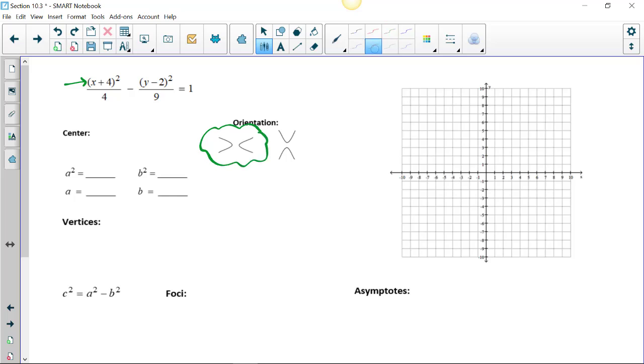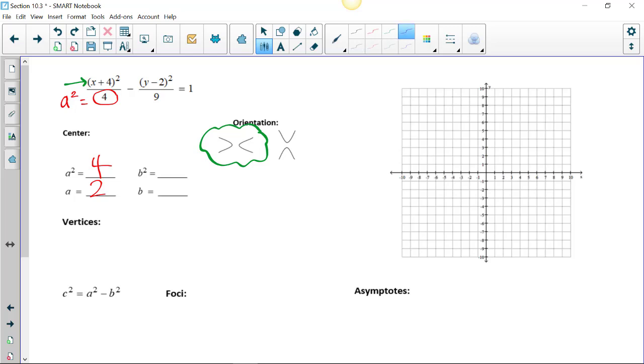Okay. That means then what's in the denominator there, the first one, is a squared. So a squared is 4, so a is 2, which means my transverse axis is going to be 4 units. Okay.